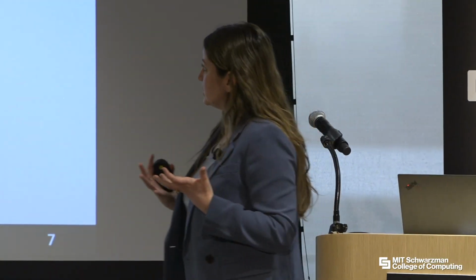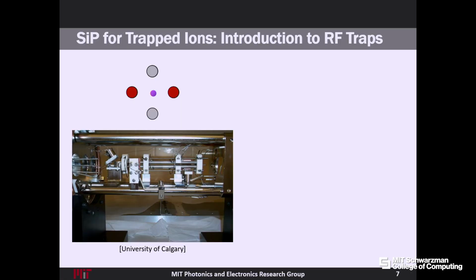Now let's take a look at what this physically looks like. At first, we need some way to take that ion and trap it in space. The first demonstrations looked something like this. This is called a Paul trap. These are long metal rods that have DC and RF fields flowing through them, oriented like this, where this would be a cross-sectional view.